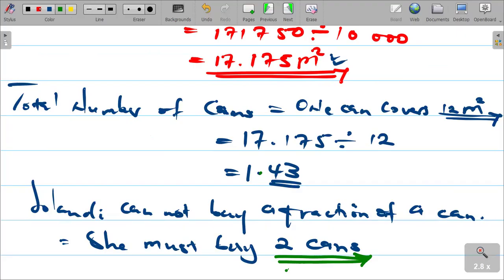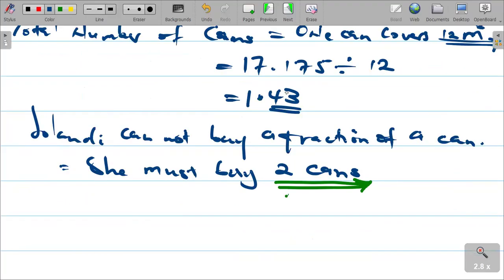The 0.43 can only be covered if we have 2 cans, because 1 can cannot be enough. So Jolati must buy 2 cans to ensure that the space is fully painted.